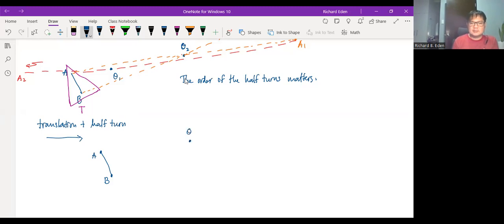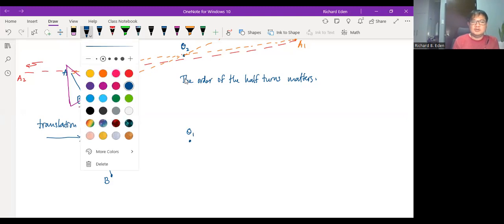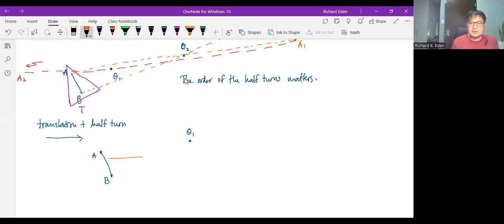Okay, O1. So when we do the translation, we get this A prime and then B prime. And then when we do the reflection with respect to O1, here is where we find A1, and here is where we find B1.